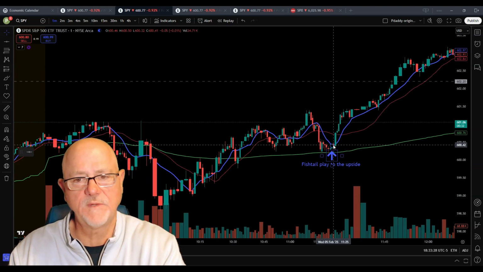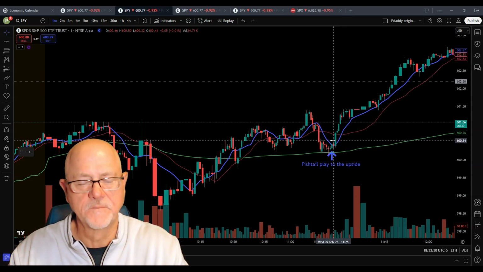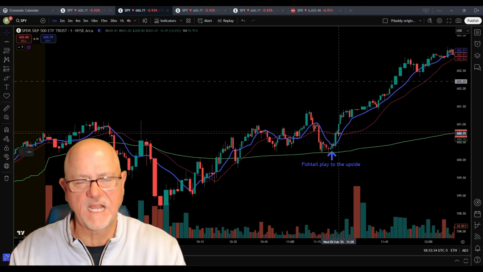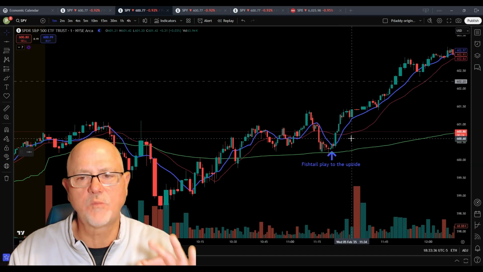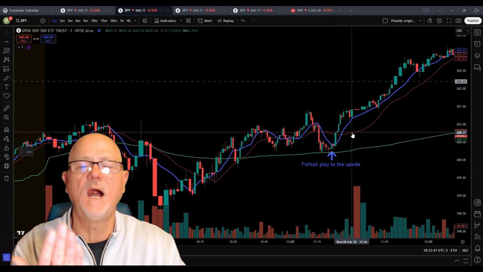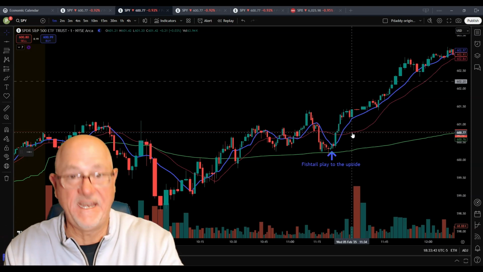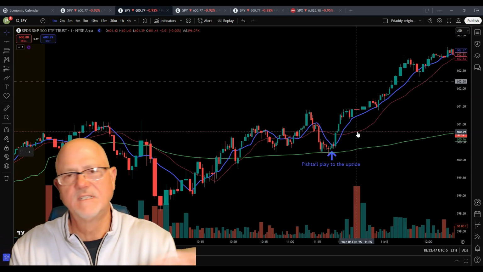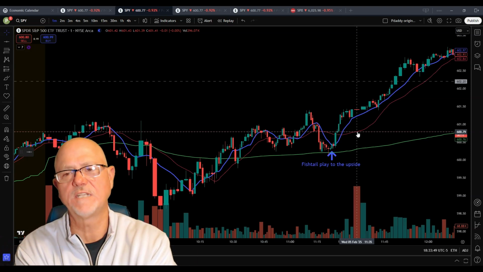So once we get into that fishtail, again, folks, we are always, always, always watching for that 20, whether it's an upside play or a downside play. You're always watching for that 20 to act as resistance if you're moving up. Now, once you get through that, folks, sit back, relax, and trust your 9.